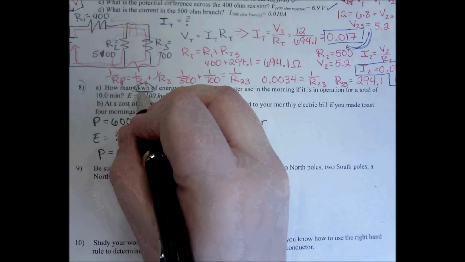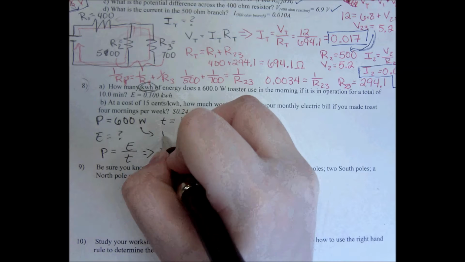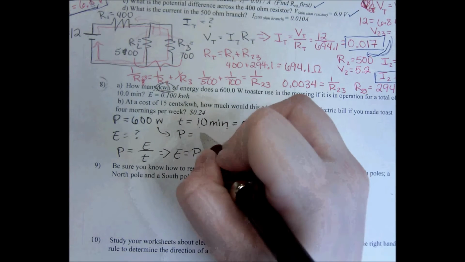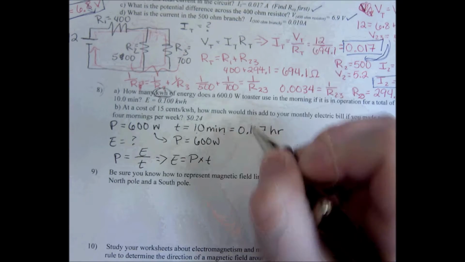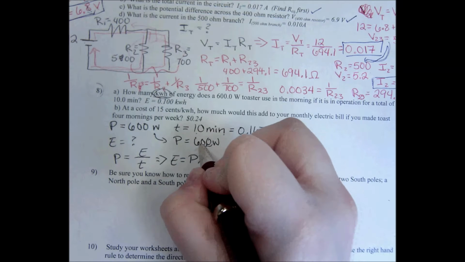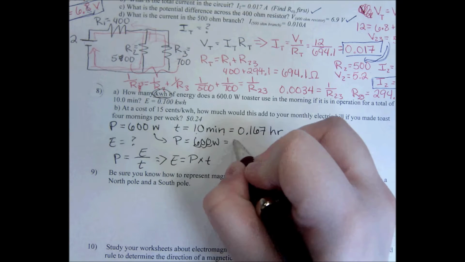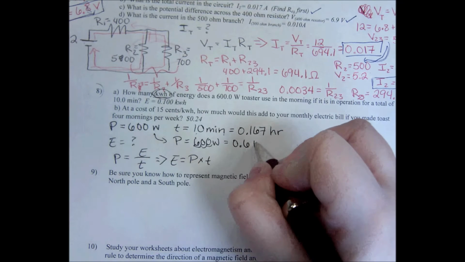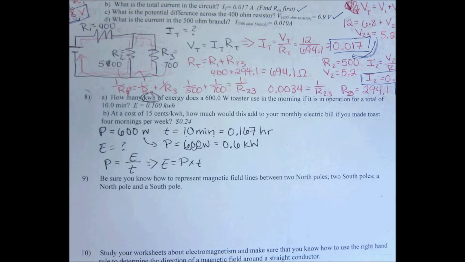Now, because we want to do kilowatt hours, we also need to change power. 600 watts to kilowatts is 3 decimal places. So we're going to have 0.6 kilowatts.